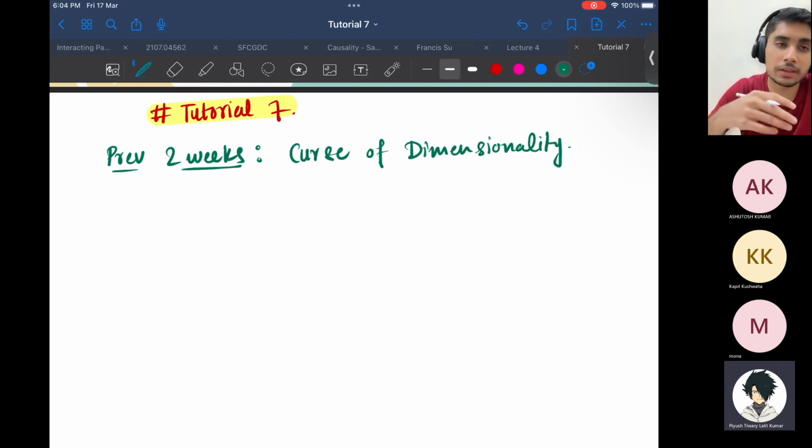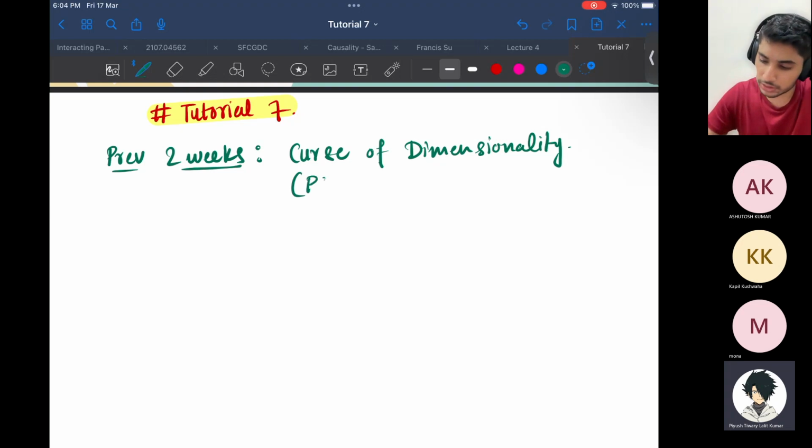In particular, we saw that having large high dimensional inputs is not a good thing to have in general, and that is why we should look for ways to reduce the dimensionality of the input itself.